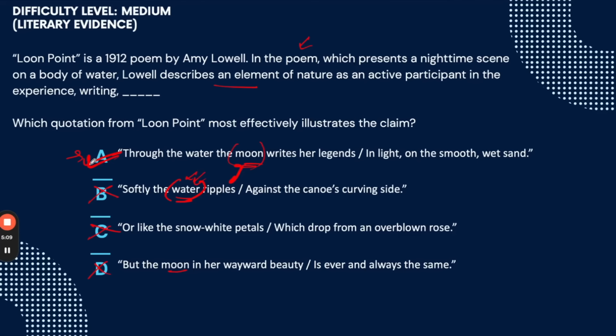It's writing. Like, what can be more active than that, right? So again, the elimination, even for a question where a poem was involved, was easier because I knew what I'm looking for. I'm looking for an element of nature which is actively participating in the whole experience, right? So A is a correct option for this question.